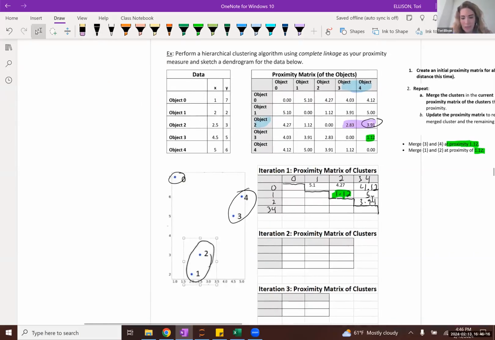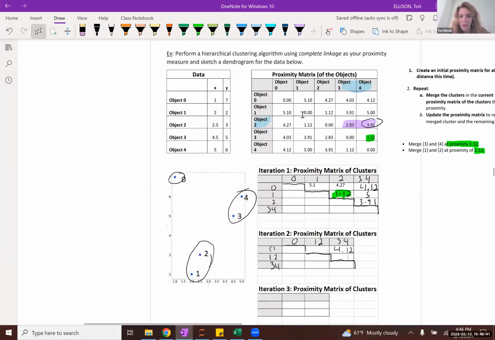And so next in the iteration, we update our proximity matrix accordingly. And I'm just going to focus on the top portion. Okay. So let's see, 0 and 3, 4. We've already calculated that, so we don't need to do it again.